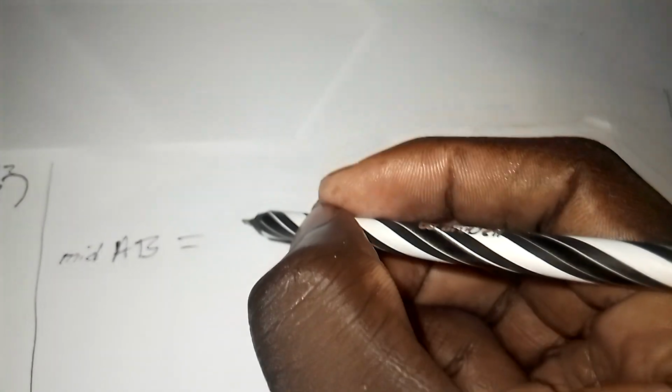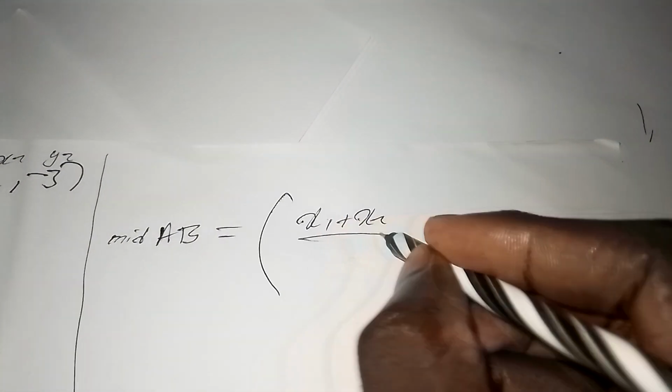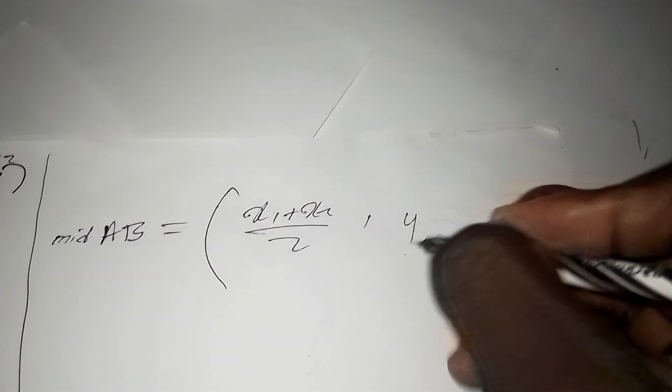The midpoint of AB is equal to, open brackets, x1 plus x2 divided by 2, comma, y1 plus y2 divided by 2, close. What is our coordinate? Same coordinates: 0, 1, 2, negative 3.